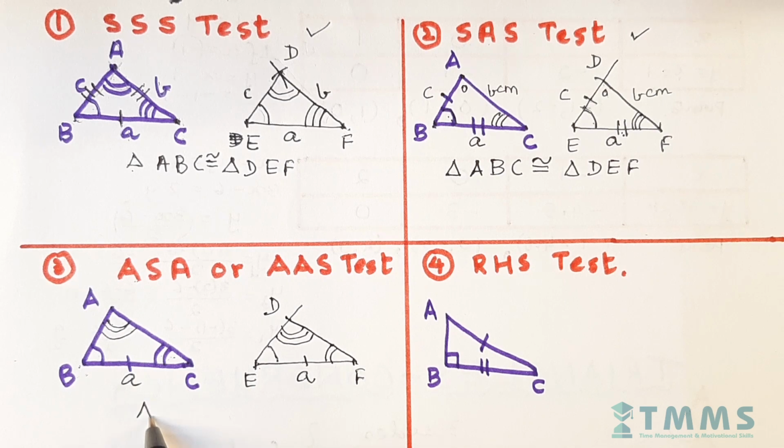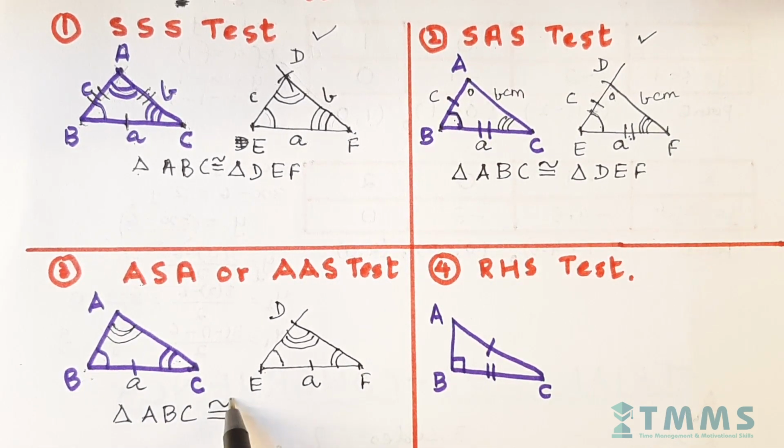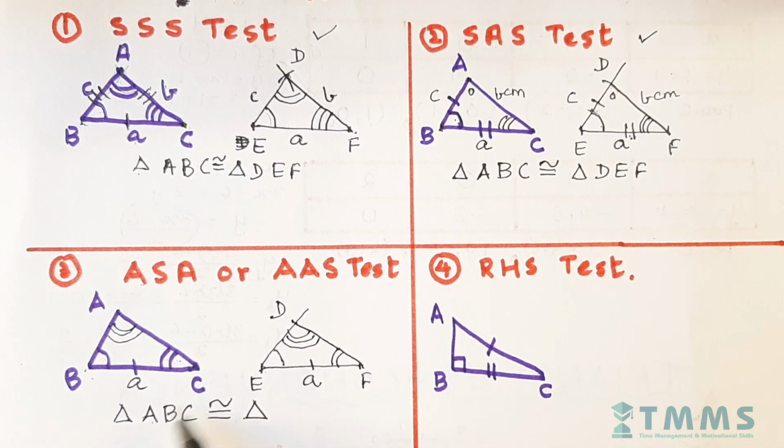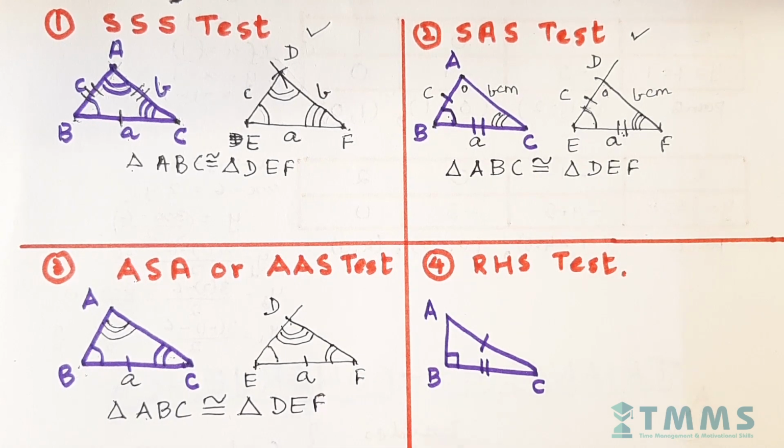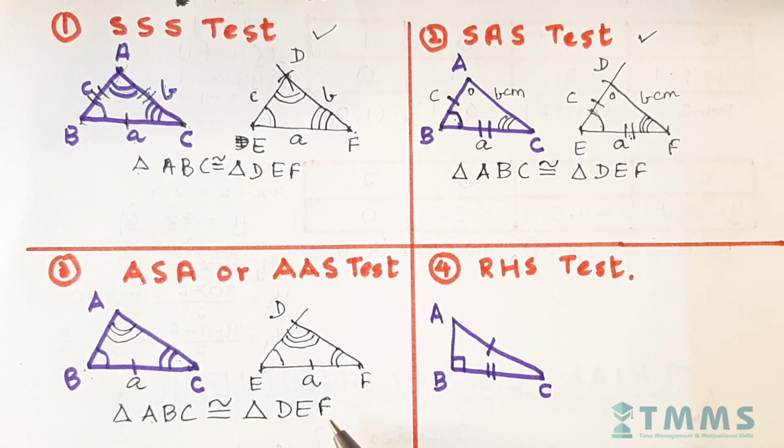Once again, we will write now directly triangle ABC is congruent to triangle DEF. Now when we are writing this, A is corresponding to D, B is corresponding to E, and C is corresponding to F. So this is how we have to write it down.